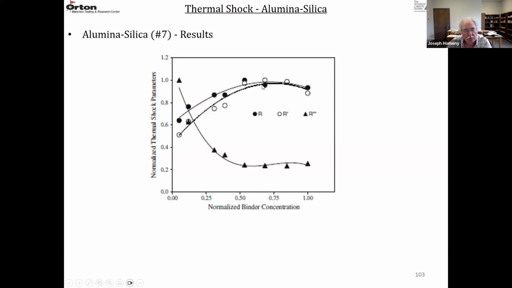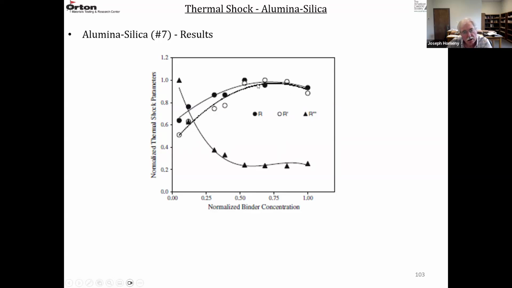So these values go up somewhat. Well, I'm sorry, these are just the thermal shock parameters.